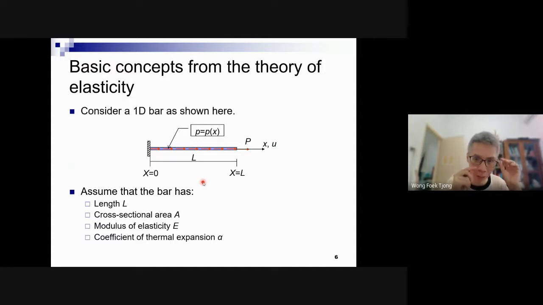Okay, let's now take a look at a bar problem. Again, go back to the bar problem, okay? Let's say we have a bar, it doesn't have to be prismatic. It means the bar can be a little bit tapered, but not too tapered, because if too tapered, this theory will not be applicable.